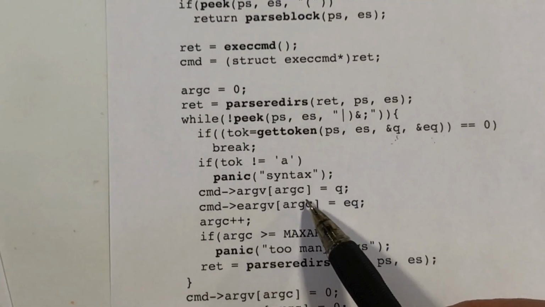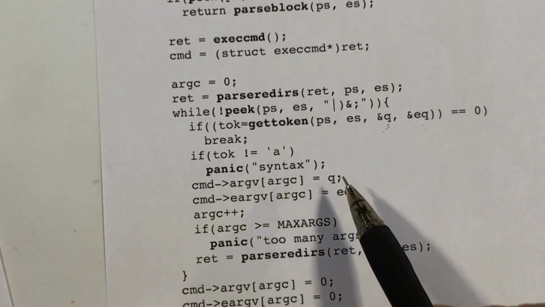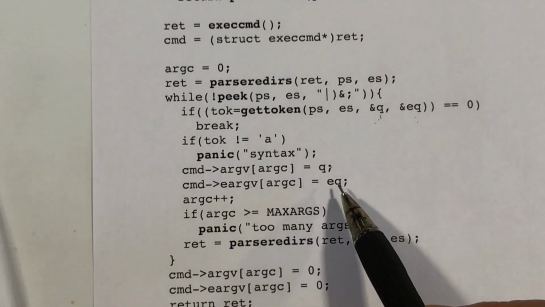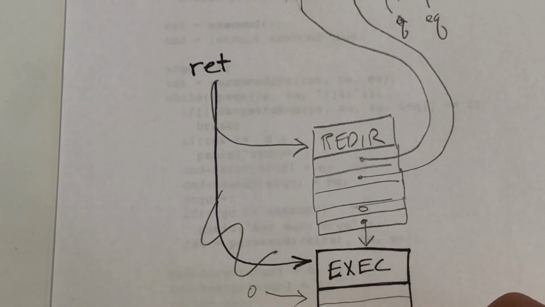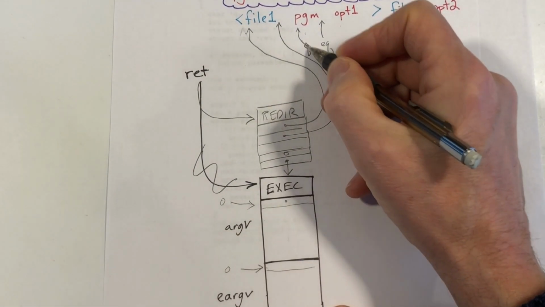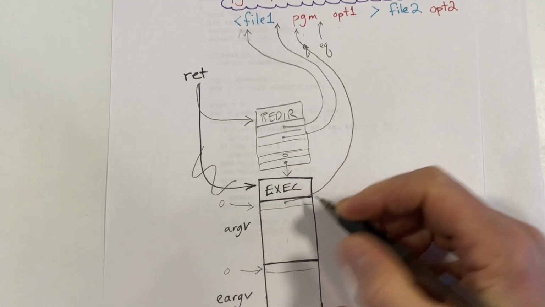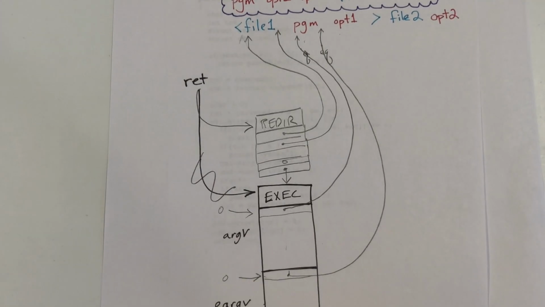At this point, what we do is we fill in a pointer to where the file name begins and to where the file name ends. So here's the first element of these arrays, and we will fill it in. We'll copy q. So q points there, and eq points here like that. Okay, so now we have that filled in.